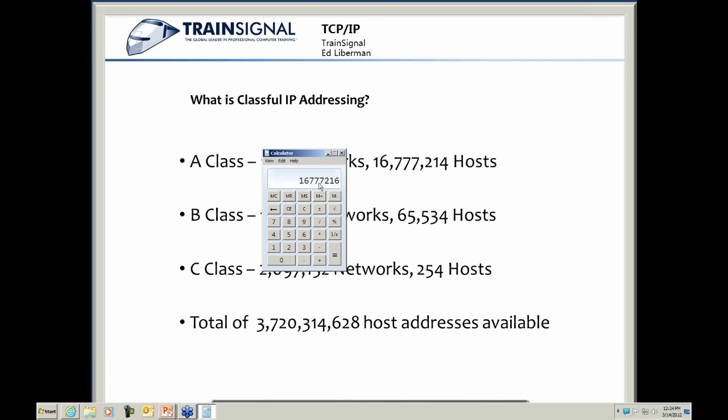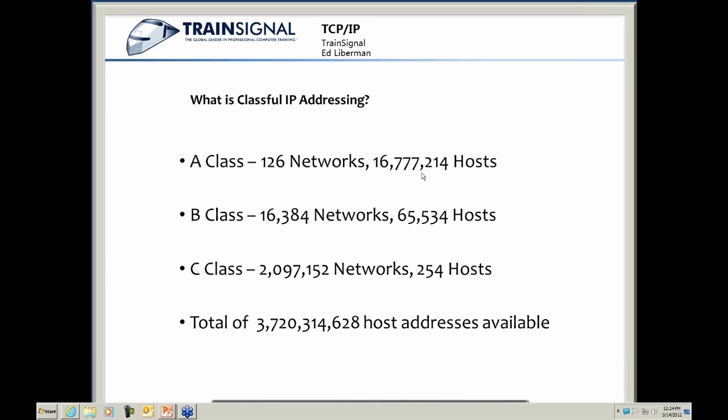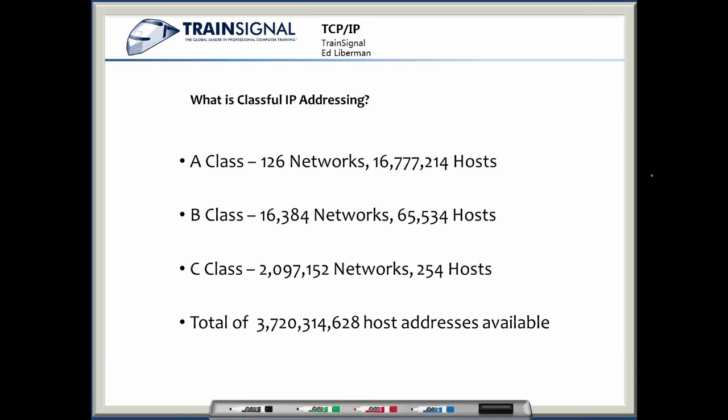But again, remember the rules: can't have all zeros, can't have all ones, so you have to subtract 2. Once you subtract those two, you get down to the 16,777,214 hosts.